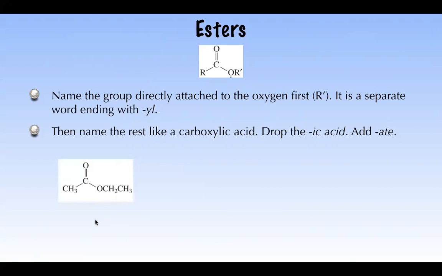All right, so you look at this compound. Over here on the right, attached to the O is an ethyl group. So just write down ethyl. Then the rest of this over here on the left is from acetic acid. So it's going to be called ethyl acetate.